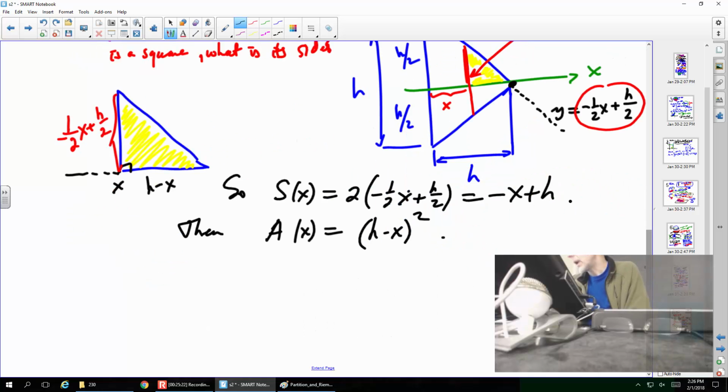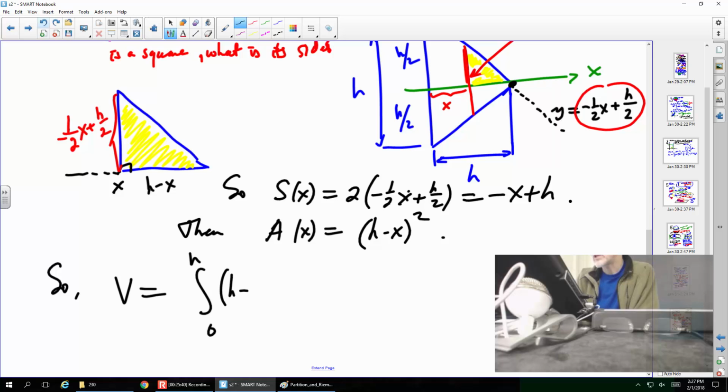And so we integrate. So the volume is the integral from 0 to h along the height of the pyramid, and it is h minus x squared dx. Okay, so well, you could expand if you like.